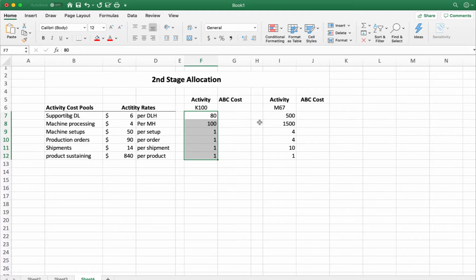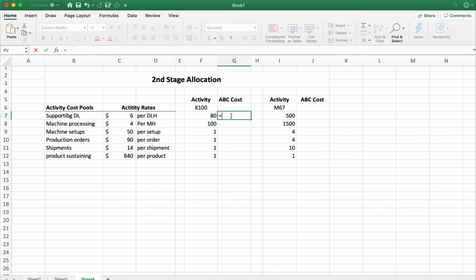We have the activity for each product. We just need to figure out the second stage allocation, meaning what is the cost using activity-based costing. In order to do this, all we need to do is multiply the activity rate by the actual activity incurred in making the product.